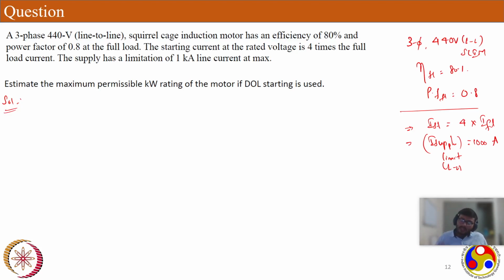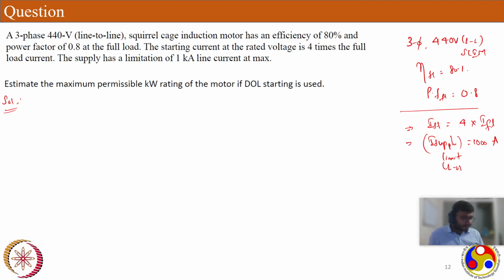But the limitation here is that I am using DOL starting. If it is DOL starting, let's say we have some X kilowatts, and this will make some starting current. If we use some other better starting method, as we can see from the numericals, we can even go for a better kilowatt rating, because with another starting method the starting current burden will reduce. So for the same maximum supply limit of 1 kilo amps, we can make an even better motor, as we will see.